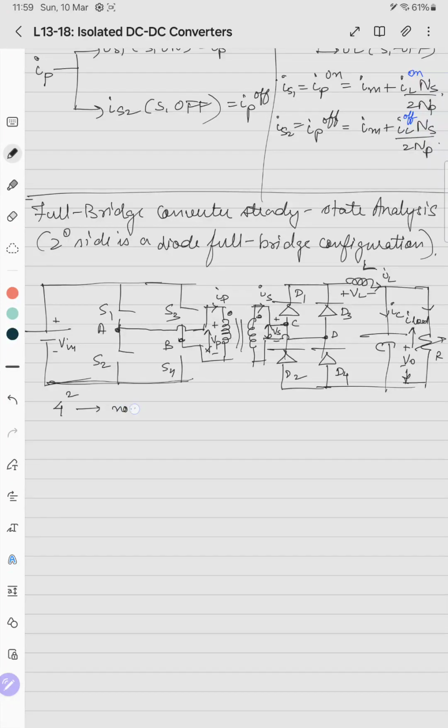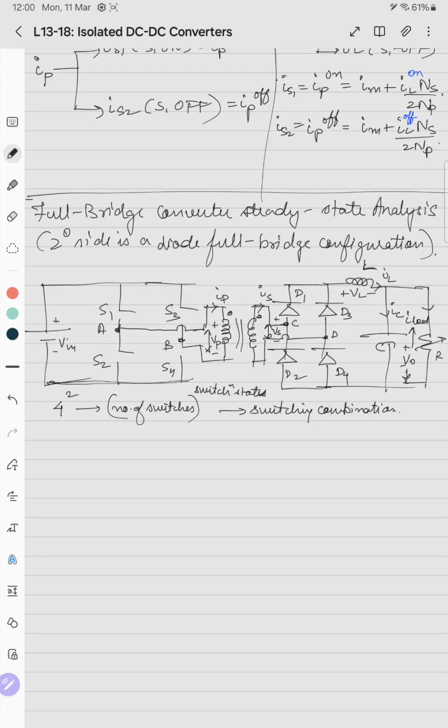So number of switches to the power of switching states means one switch can be on or off, it can't be other than 1 or 0. So there are 4 switches, so there can be 4 to the power 2 different switching combinations. Out of this, actually many of them will be deleted.